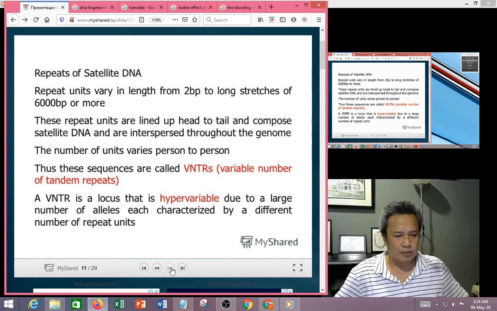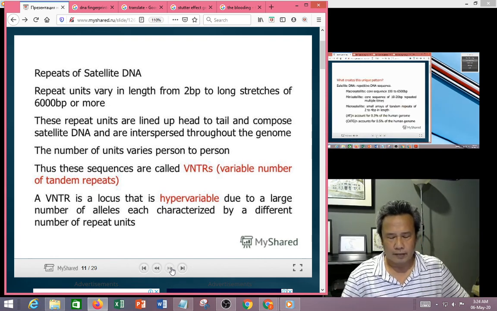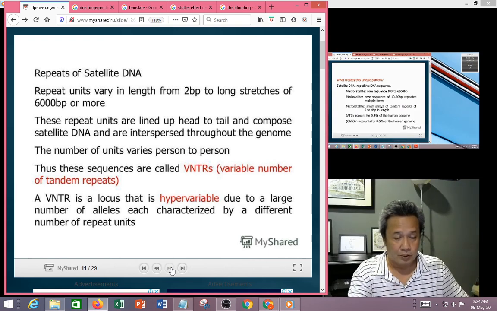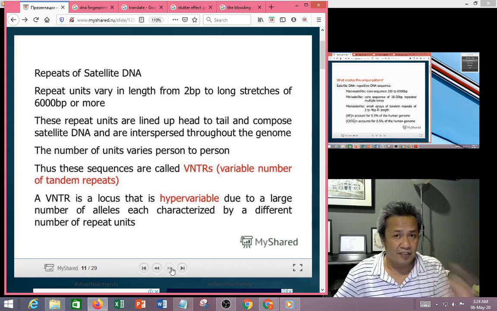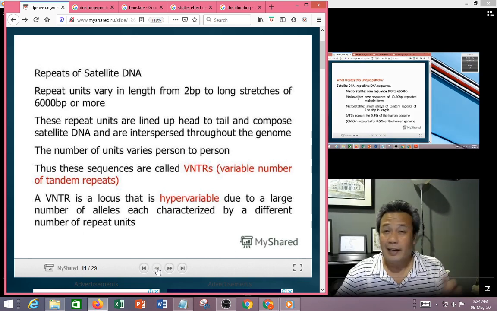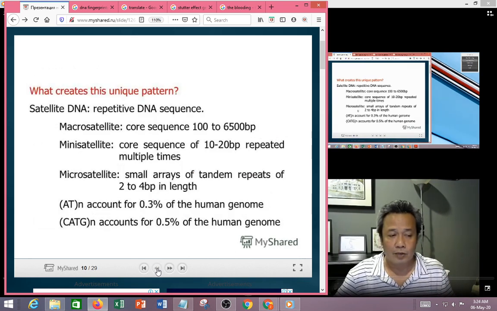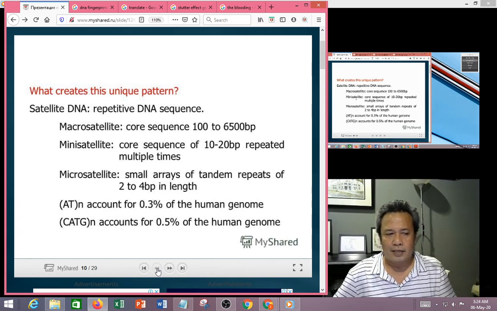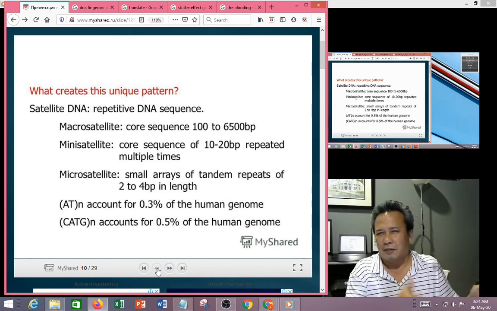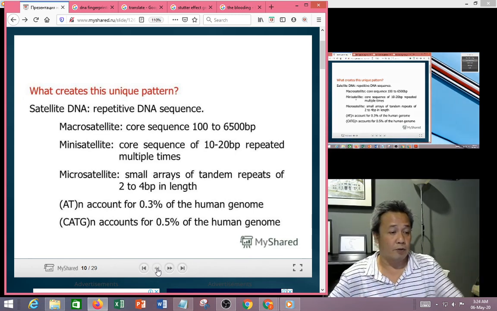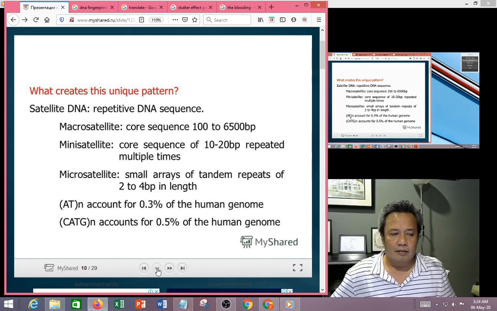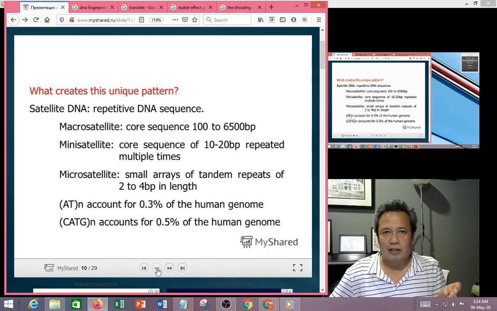these two slides talk about the repeated units, the source of variability. I just mentioned in fingerprinting they use minisatellites. In DNA profiling later they will use microsatellites. The difference is that for minisatellites, the core repeat unit is about 30 bases being repeated on and on. But for microsatellites, the core unit is smaller.